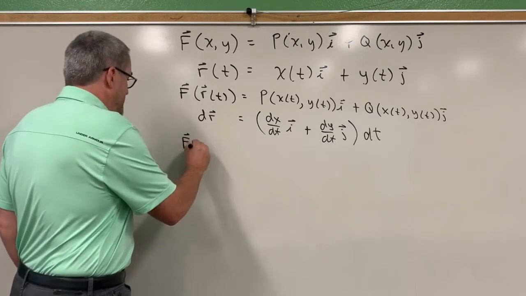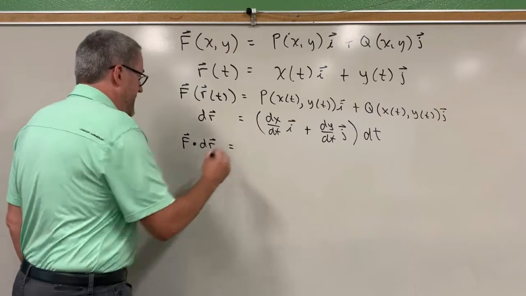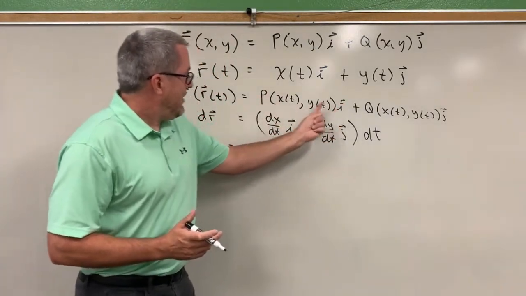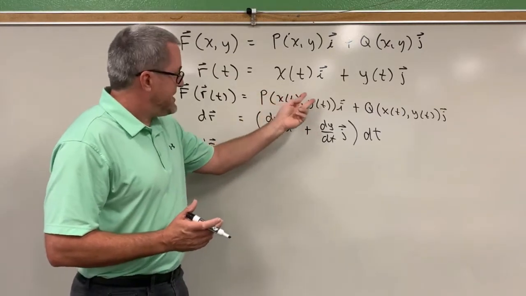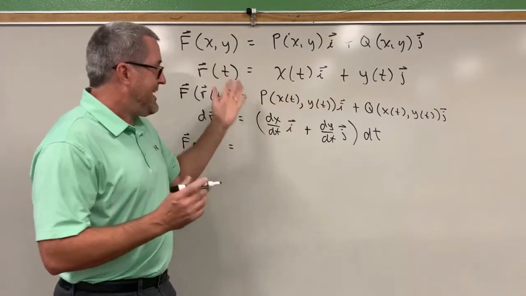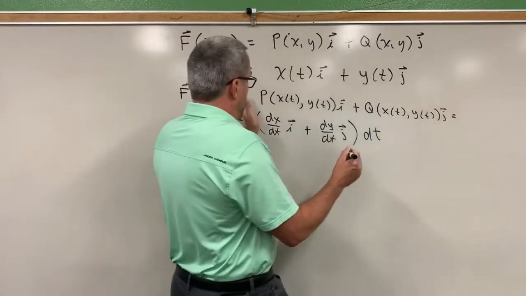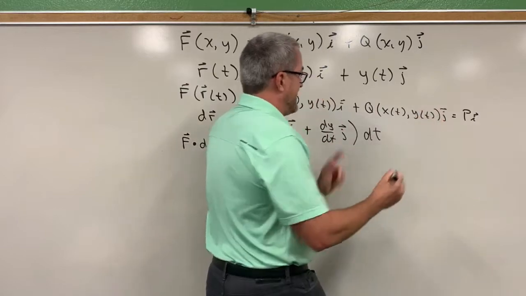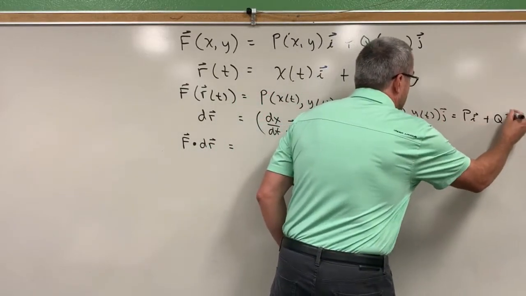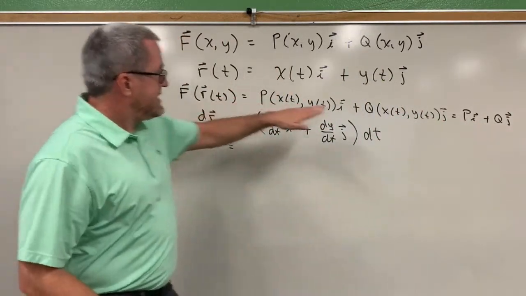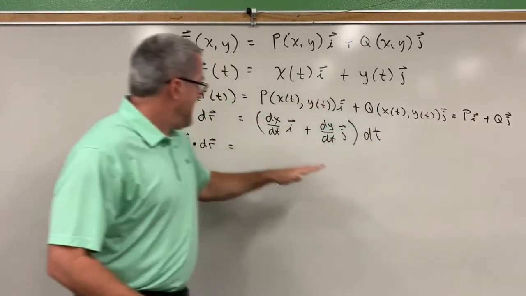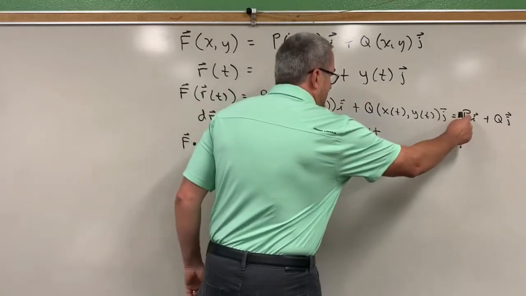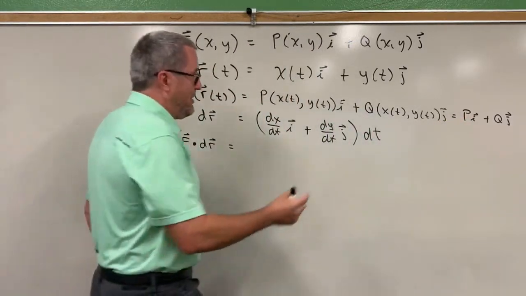Our next move is to dot them. Just for notational simplicity, let's call all of this P of x of t, comma y of t, just P. In fact, I'll write it here. We'll say we have Pi plus Qj. So we're going to dot Pi plus Qj with our dr. Now keep in mind when we do the dot product, it becomes a scalar, a very important piece here.